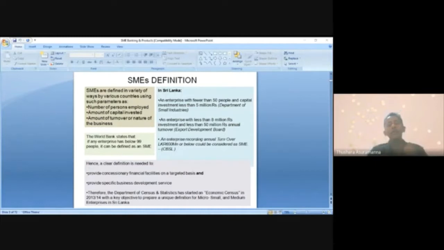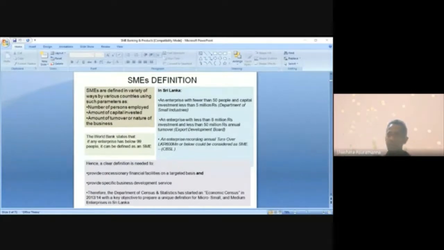In addition to this general definition, sometimes depending on the credit line, maybe Saubhagya, maybe Susahana, or maybe another credit line would come and define SMEs for that financing requirement.